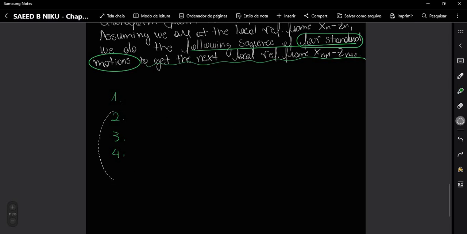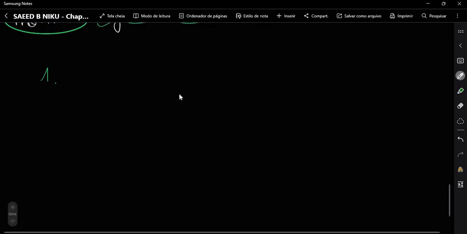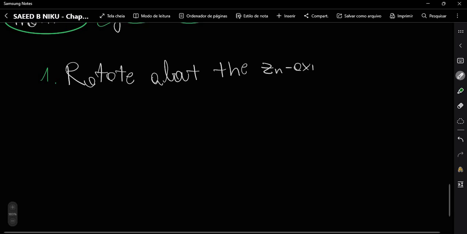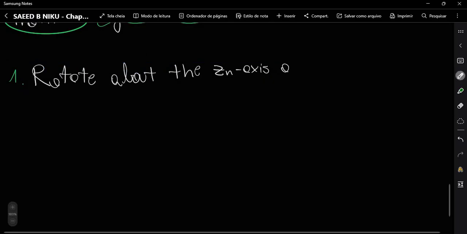Okay, so let's see the first motion. The first motion is we need to rotate about the zn axis an angle of theta n plus 1.